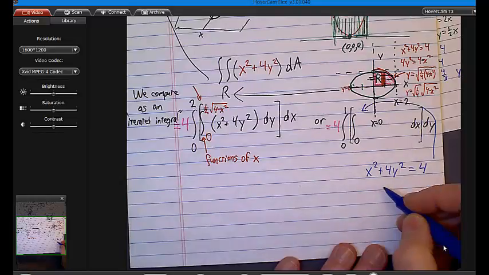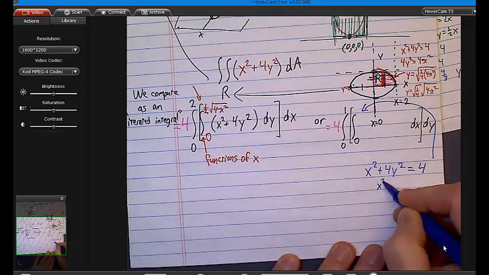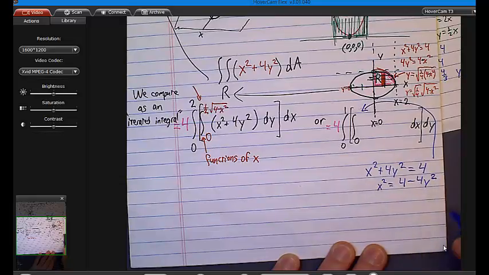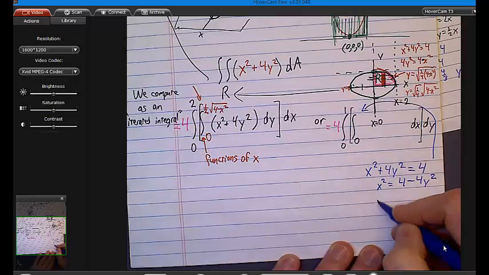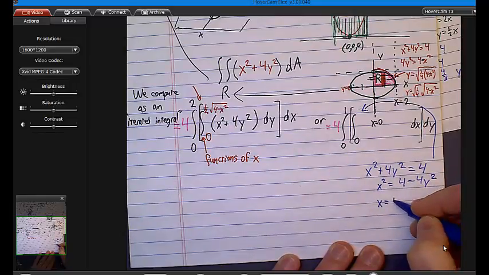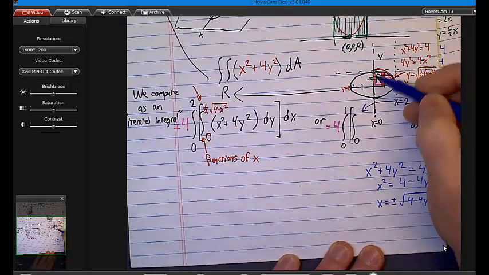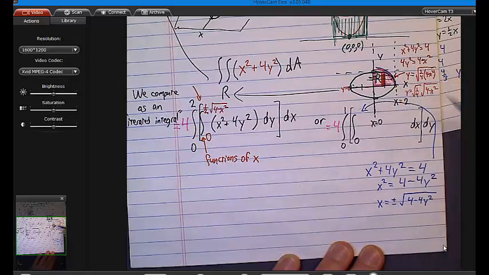All right, so what do we get? We get x squared equals 4 minus 4y squared. And so when I take the square root, normally I need a plus or minus the square root of 4 minus 4y squared. But clearly this border is going to be which one, plus or minus? The plus.